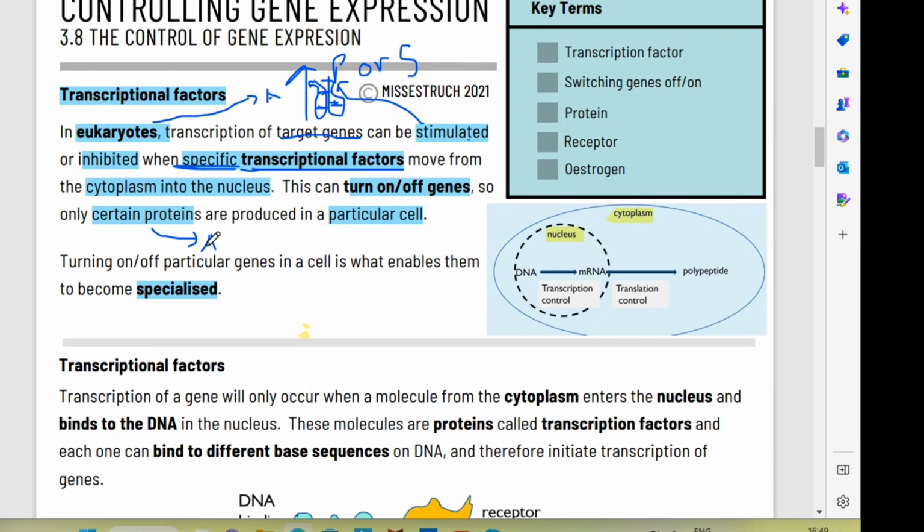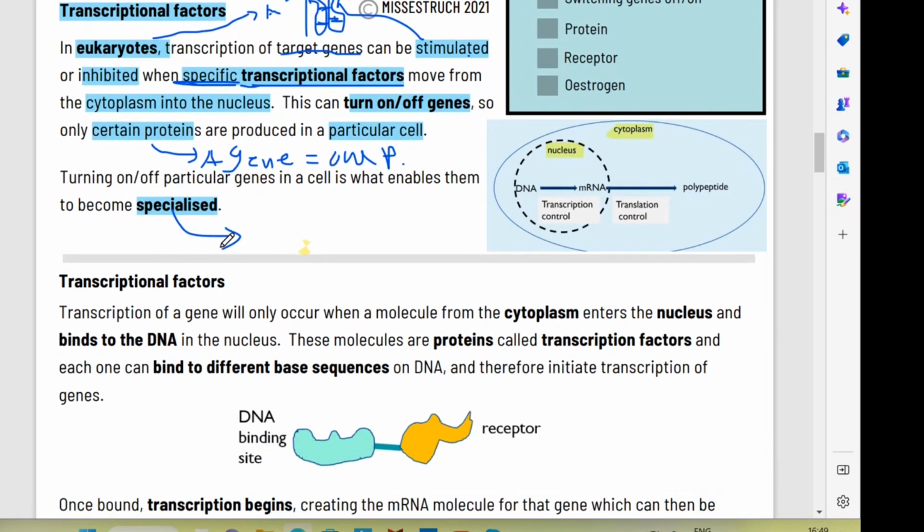So we can put gene equals one protein. So turning on or off particular genes allows the cells to become specialized, so particular to one function. Right.